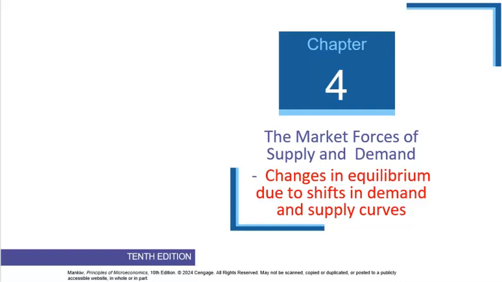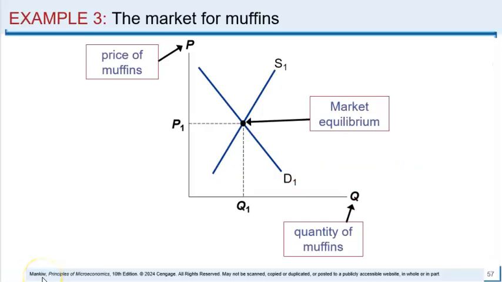Hello, this short video will address one of the topics that we have discussed in chapter 4, which is changes in equilibrium due to shifts in demand and supply curves. So we're starting with an equilibrium situation.